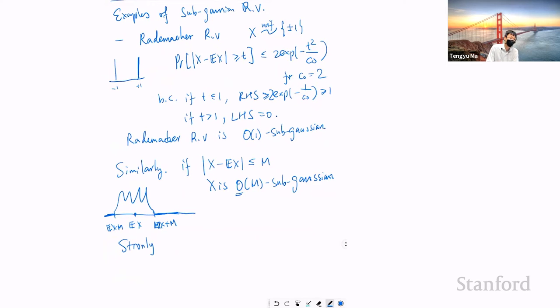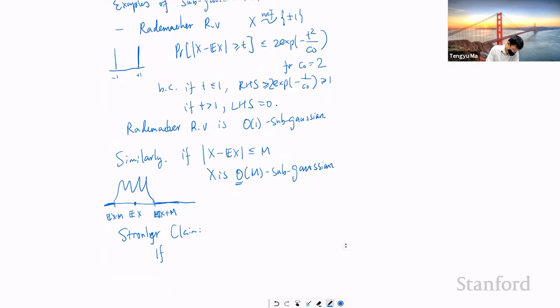And there's a stronger claim, which also gets the right constant. Here I only have O of M, but you can get the exact constant. This says that if a is less than X is less than b almost surely, so your random variable is almost surely bounded between a and b, then you can prove that E to the lambda times X minus EX, this moment generating function, is always less than e to the lambda squared times a constant.